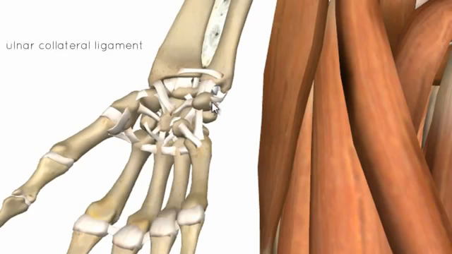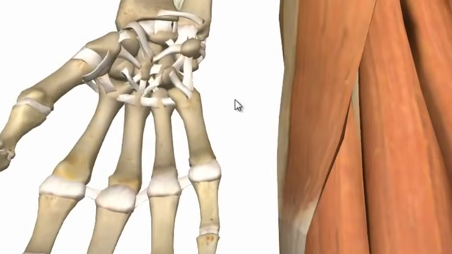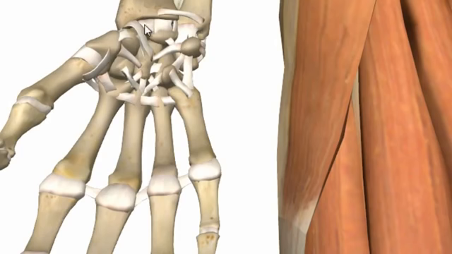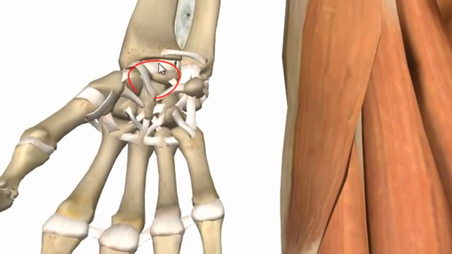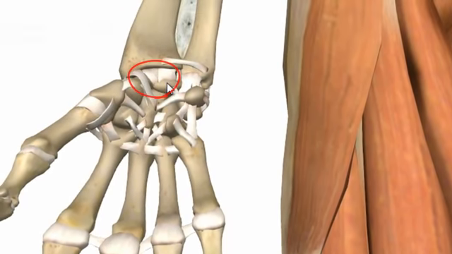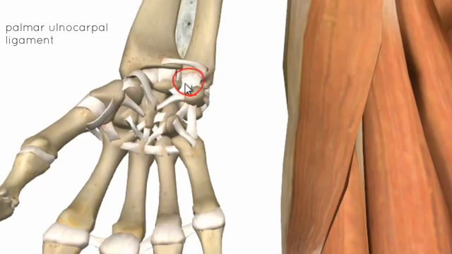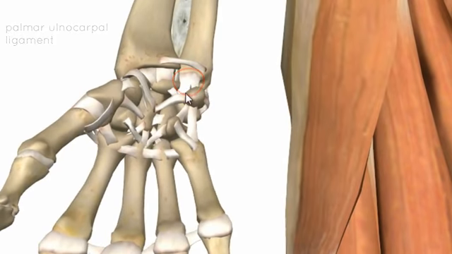This is the ulnar collateral ligament. Then we can see these ligaments which run from the radius to the carpal bones, looking at the palmar surface, so these are the palmar radiocarpal ligaments. And likewise we've got palmar ulnocarpal ligaments, which run from the ulna to the carpal bones.